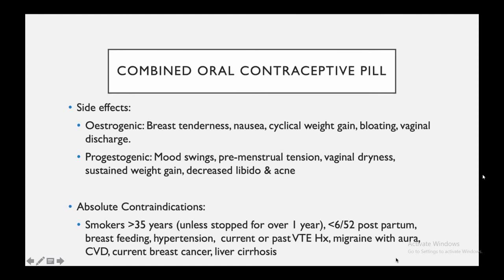Relative contraindications include controlled hypertension, migraine above the age of 35, a BMI of greater than 35, and if you're taking any enzyme-inducing medications, it's important to take that from your drug history.